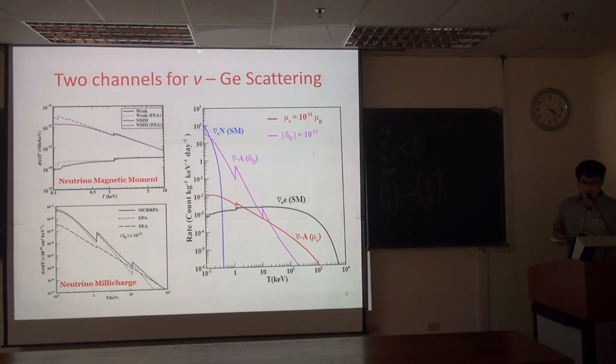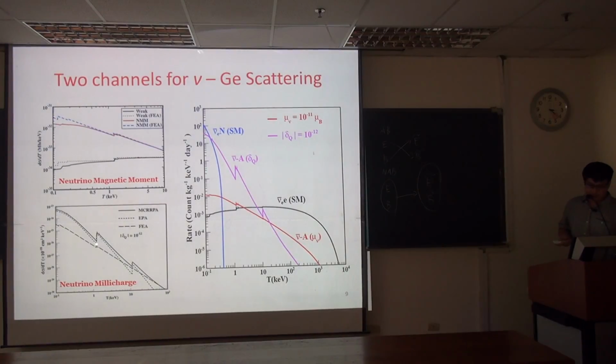This method replaces the germanium target by a free electron with only a given energy transfer. So it's maybe a good approximation at high T, but for lower energy transfer, the atomic effect becomes relevant. So the FEA should not be good at low T. It's still consistent with our result.